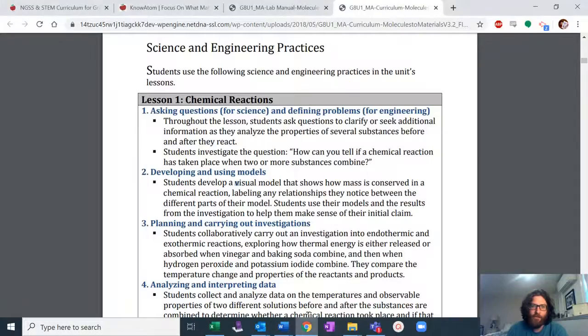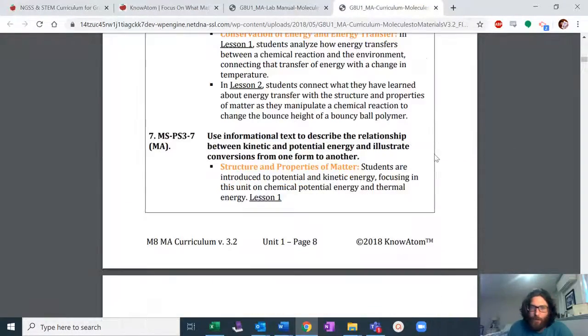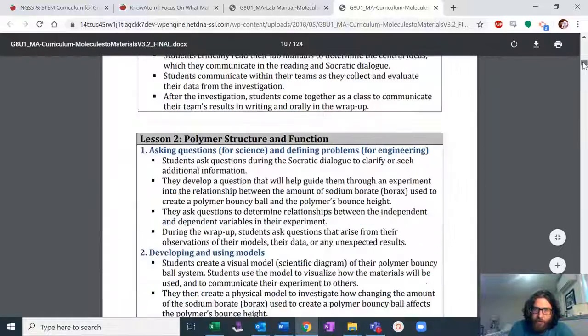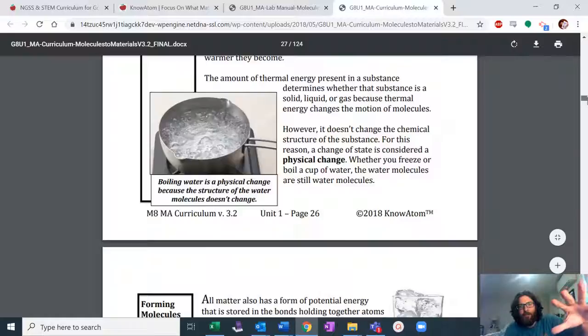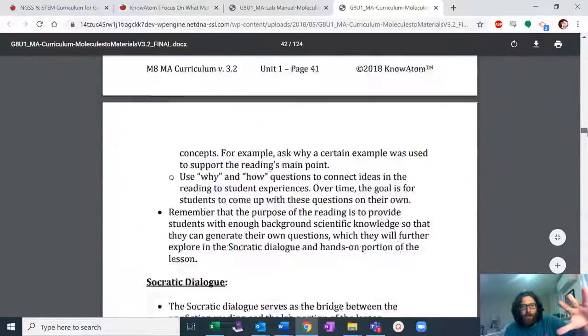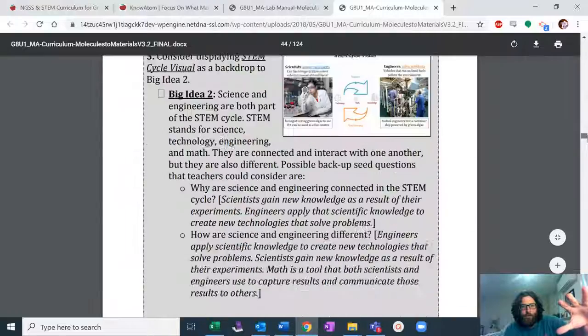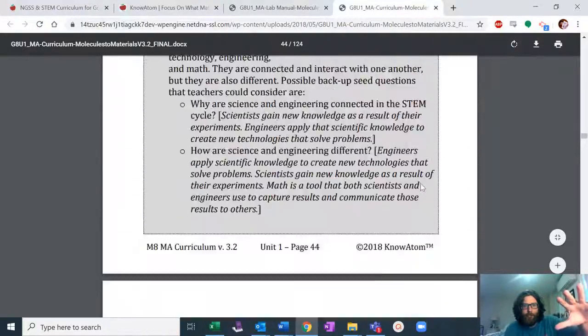Well, I had to kind of scroll down all the way to lesson 1. All this stuff is overview, but then I'm going to scroll down past all of the reading, the student reading. I'm going to scroll down past all of that to where we get to lesson 1. Where'd it go?